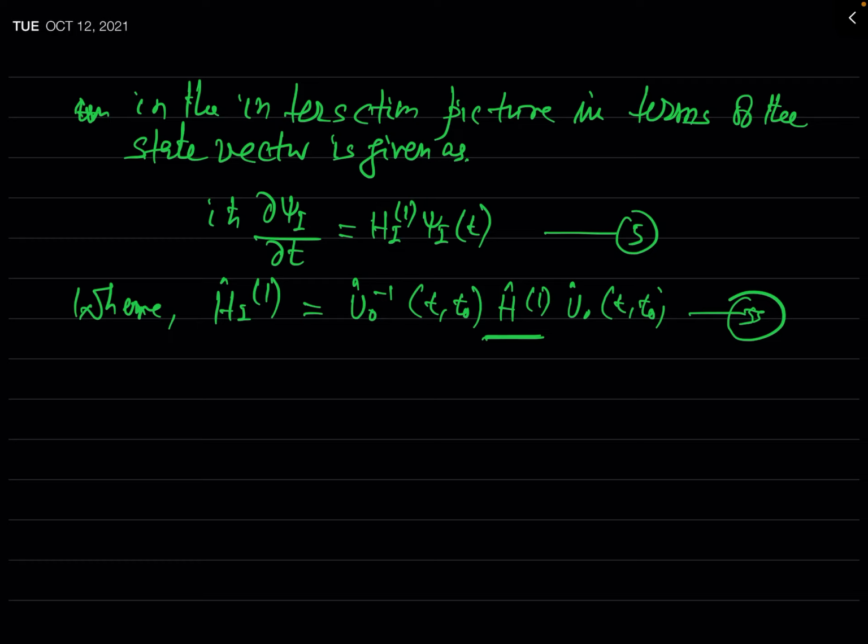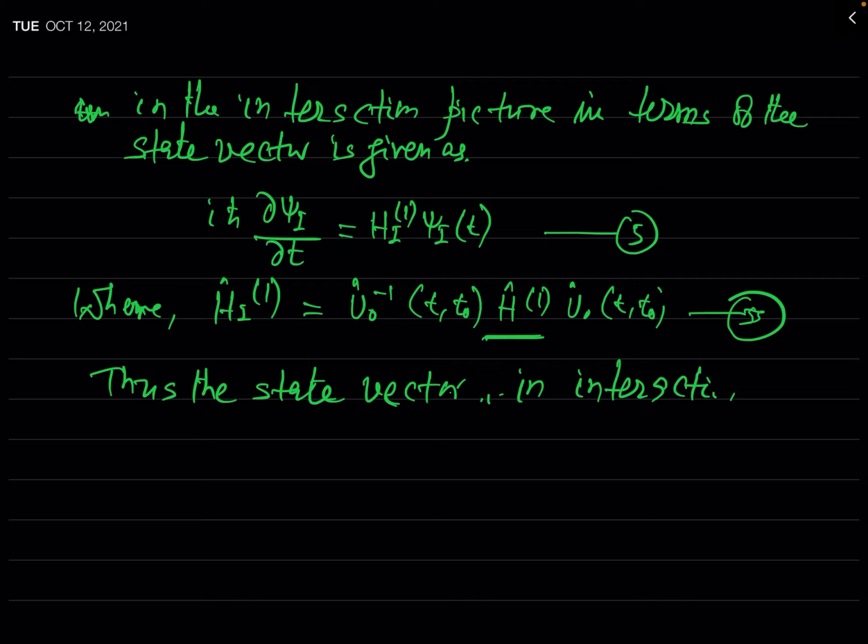So you can say that the state vector in the interaction picture is determined by the Schrodinger equation.